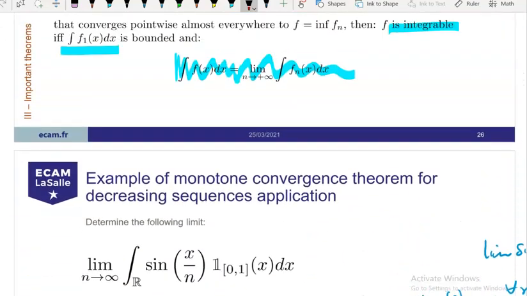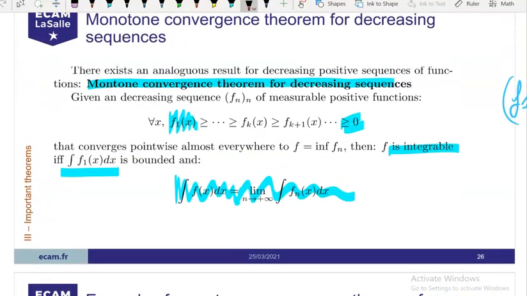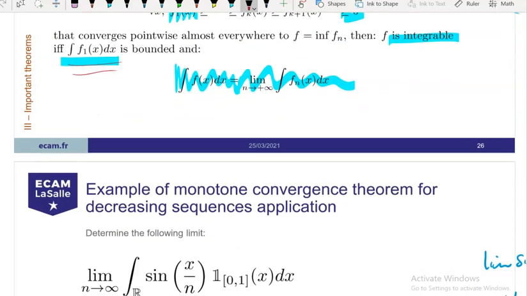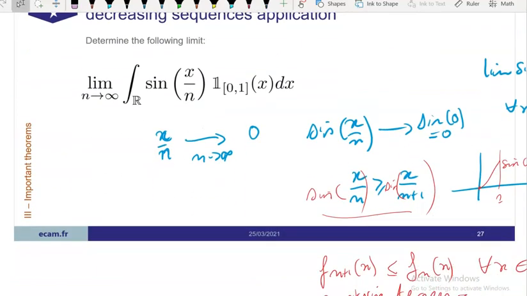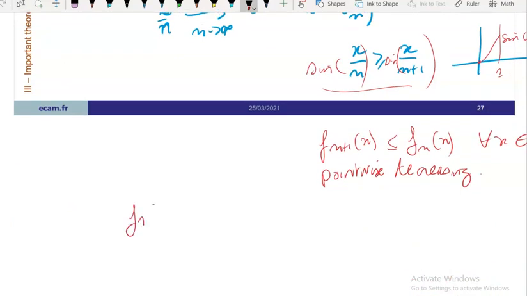Furthermore, we needed one more hypothesis, that f1 is bounded. What is f1? f1 of x is just sine x times the indicator of 0, 1. So of course this integral is bounded. It's even equal to the cosine of 0 minus the cosine of 1. So no problem for that.